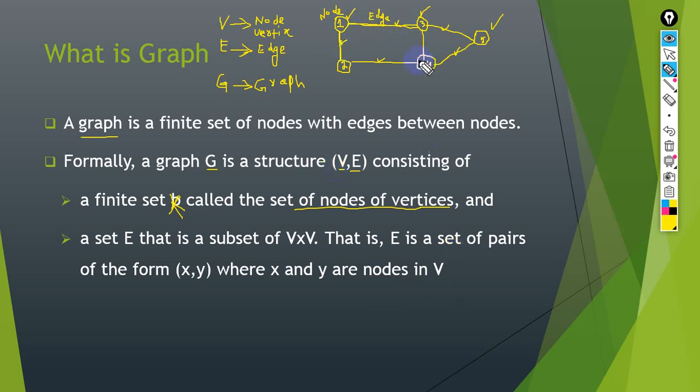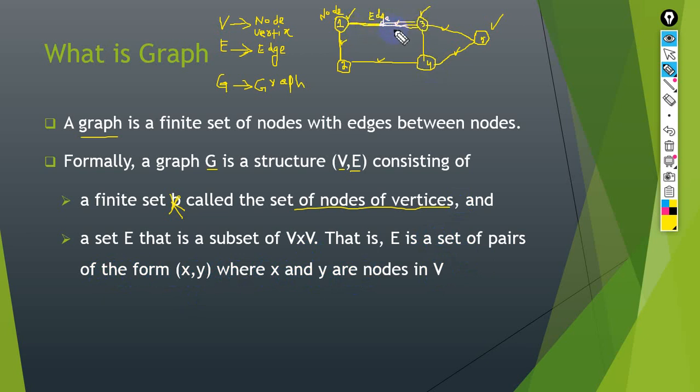Okay, now a graph is a combination of edges and vertices, nodes, of the form xy. So E is a set of pairs of the form xy where x and y are nodes or vertices. What does it mean? For example, this is an edge, a line.